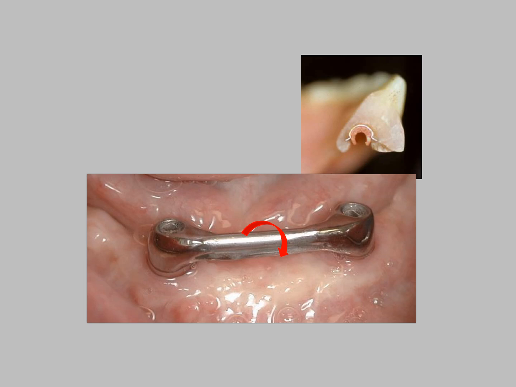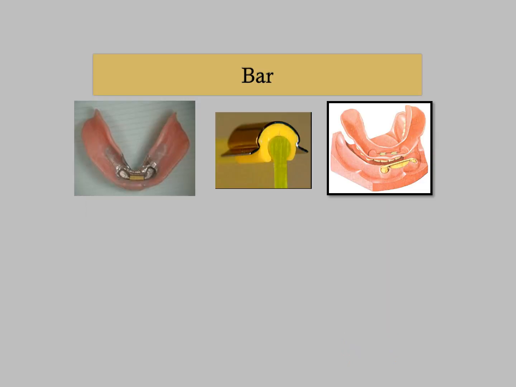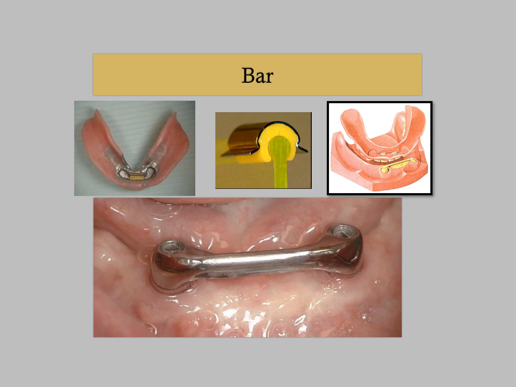This movement is needed because the prosthesis is implant-tissue supported. So you need movement so that the bone and the tissue get some support and some force on them, and the implant itself also gets some support. And these are the shapes of the bar.